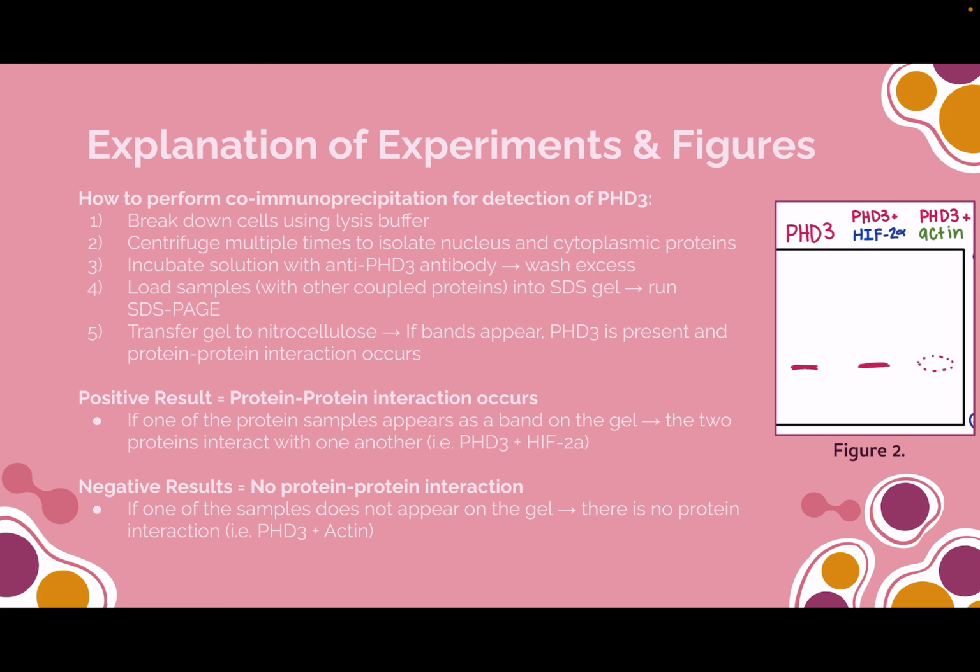A positive result is when protein-protein interactions occur, and we saw that with the band in the PHD3 plus HIF-2-alpha column. We received negative results in the PHD3 and actin column, showing that there were no protein-protein interactions.